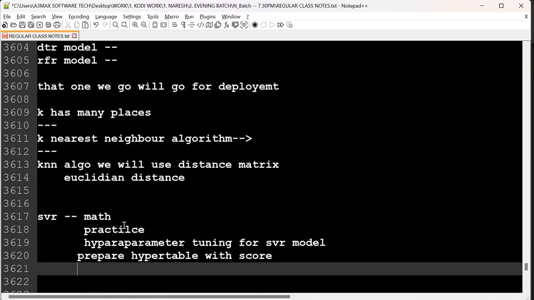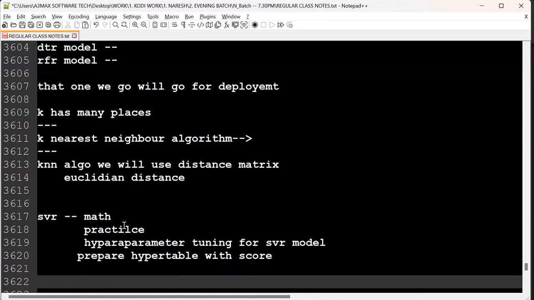This week I'm planning to complete regressions, and I will give one resume project, guys. Please work on it. I'll give one resume project.